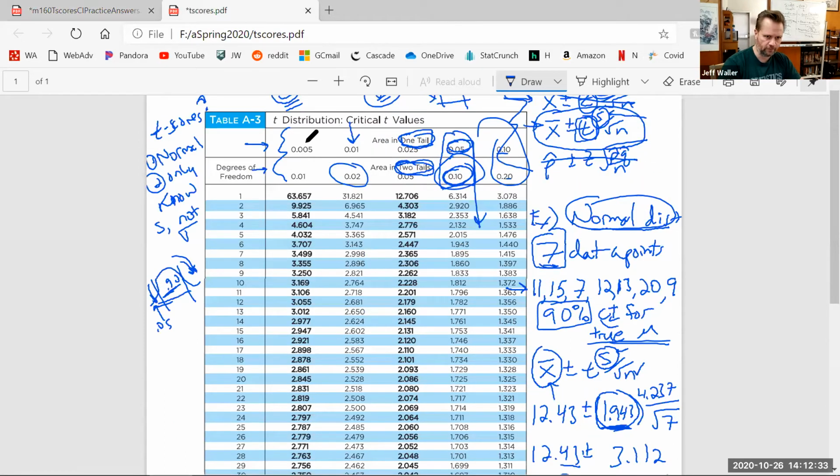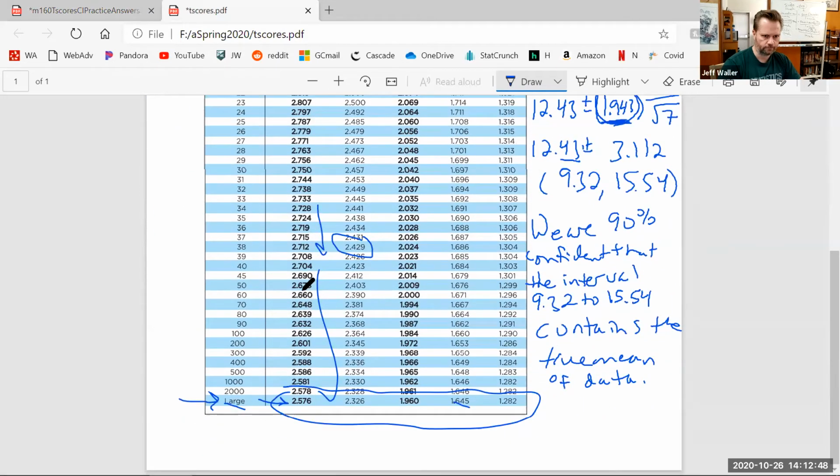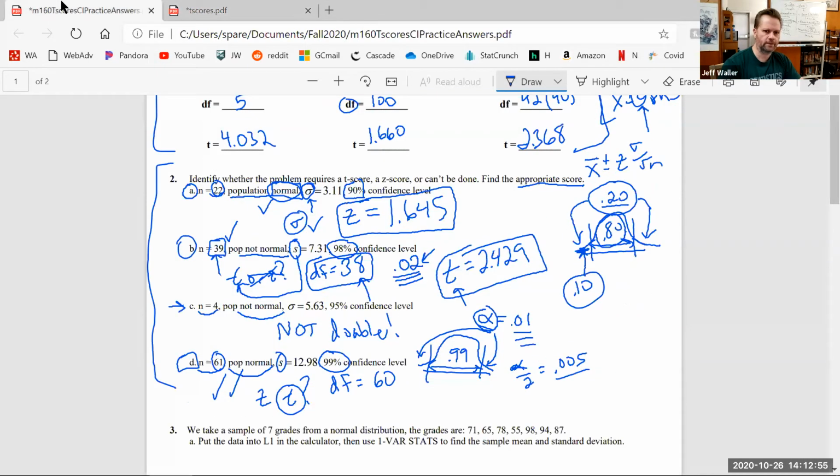That'll be this first column. See, there's the 0.005. That's the alpha over 2 there. But I can look at this one directly. 99% means 1% in two tails. And then I'm going to stop at 60. 2.660. All right, so if you got 2.660, great.